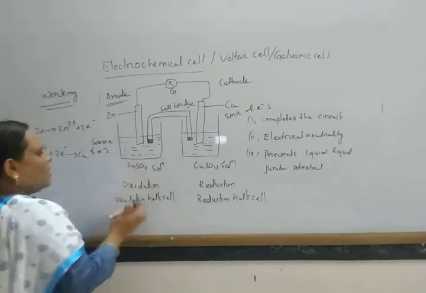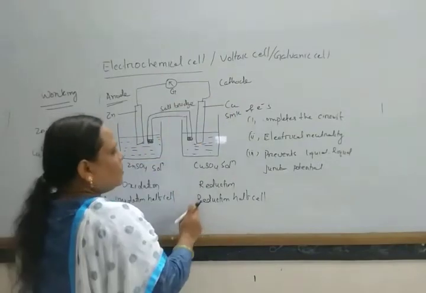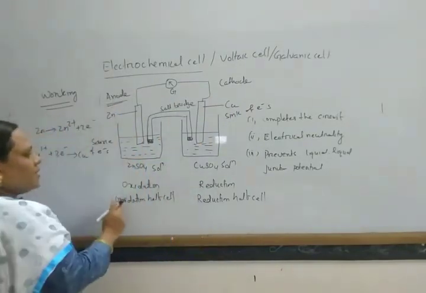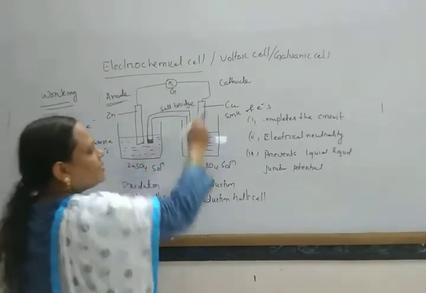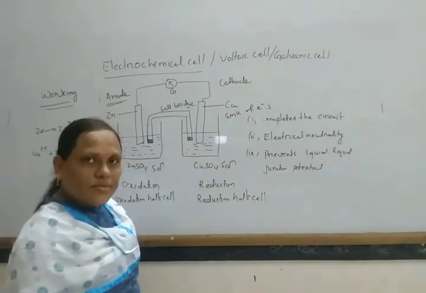So at the anode there is loss of electrons, at the cathode gain of electrons. The anode is the oxidation half cell and the cathode is the reduction half cell.